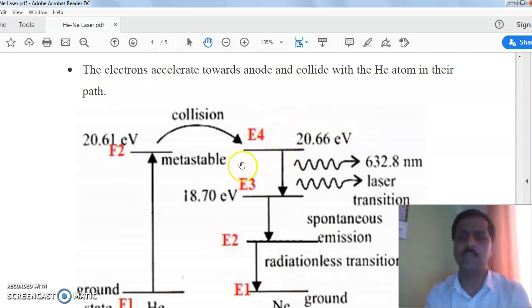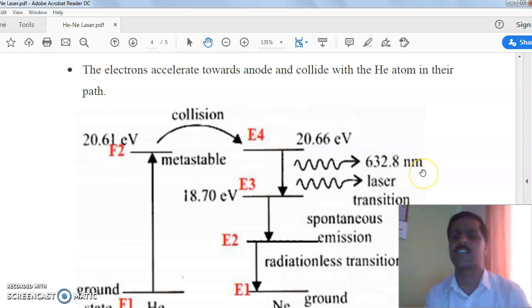More neon atoms reach this state, emit radiation and go to the lower state E3 having energy 18.70 electron volt. Between these two states E4 and E3, radiation having wavelength 632.8 nanometer comes, and these transitions occur by stimulated emission, and that is the laser transition.